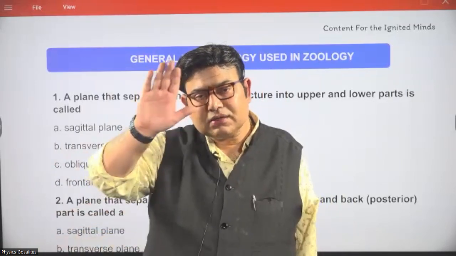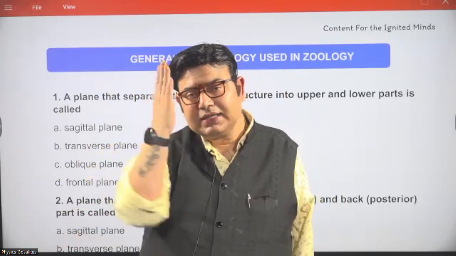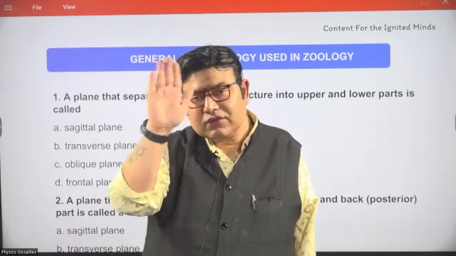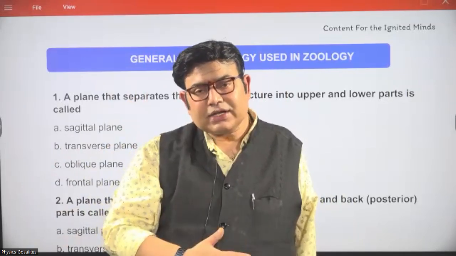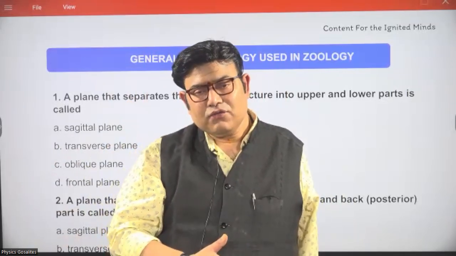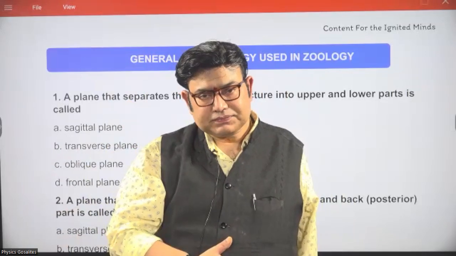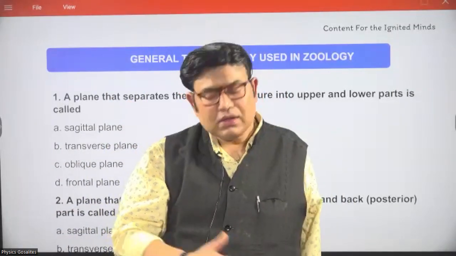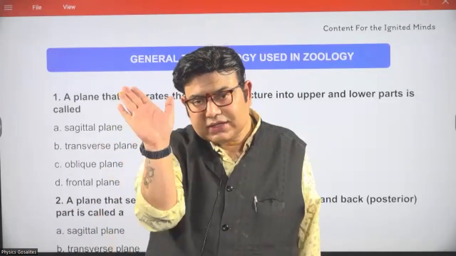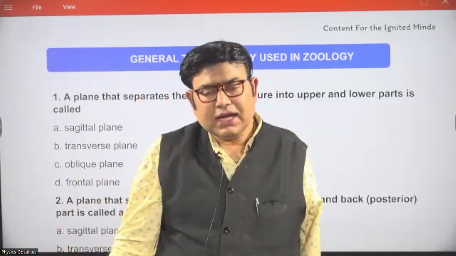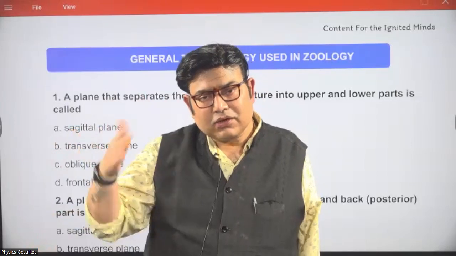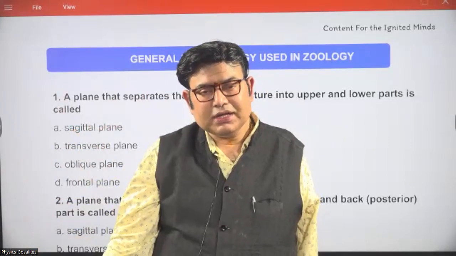This is the ventral part and this is the dorsal part. The ventral part is towards the ventrum, tummy, belly. So the thumb is always towards the outside in both hands.